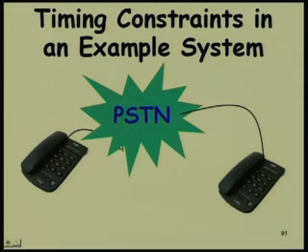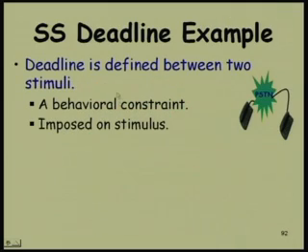Now, let us look at examples of such constraints. We will look at examples with respect to a telephone system, where we have a call initiator who is trying to dial a number to reach out to somebody, where a ringtone will be produced, and the number will be dialed from here. This is the example we will take. So, first let us look at the deadline example between two stimulus events.